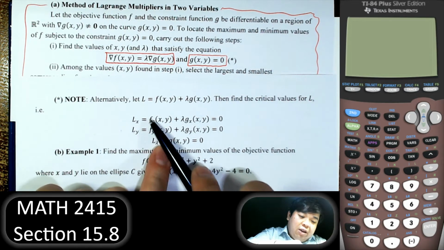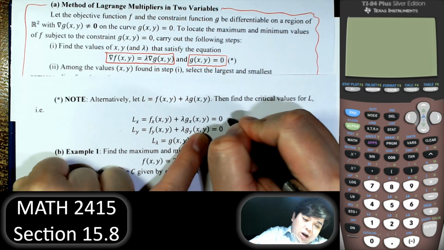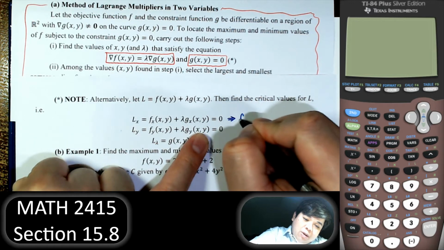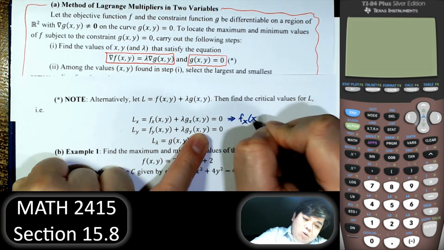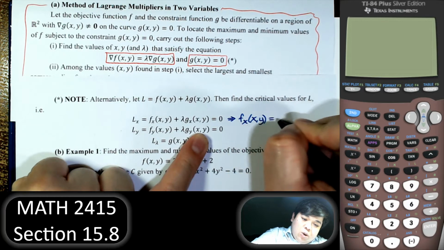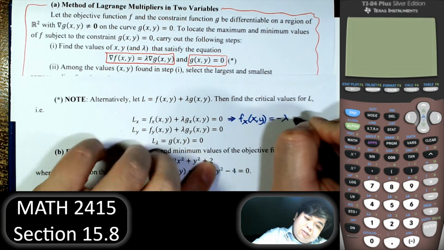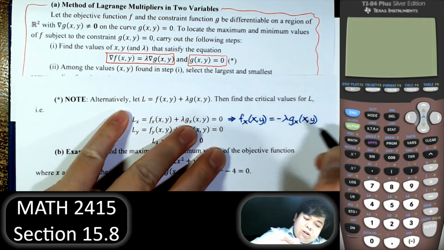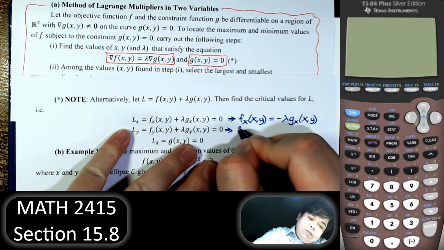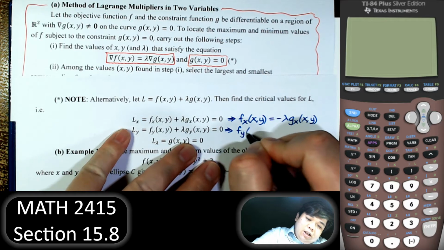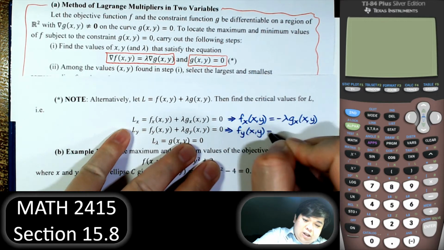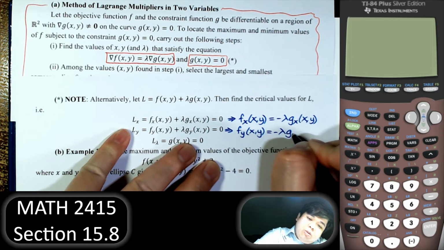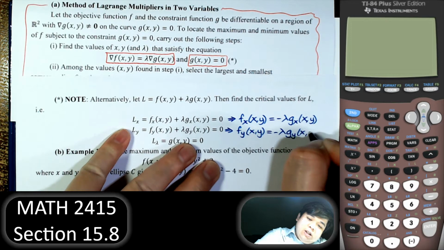By the way, you can write this as f sub x of x, y equal to negative lambda g sub x of x, y, f sub y of x, y equal to negative lambda g sub y of x, y.